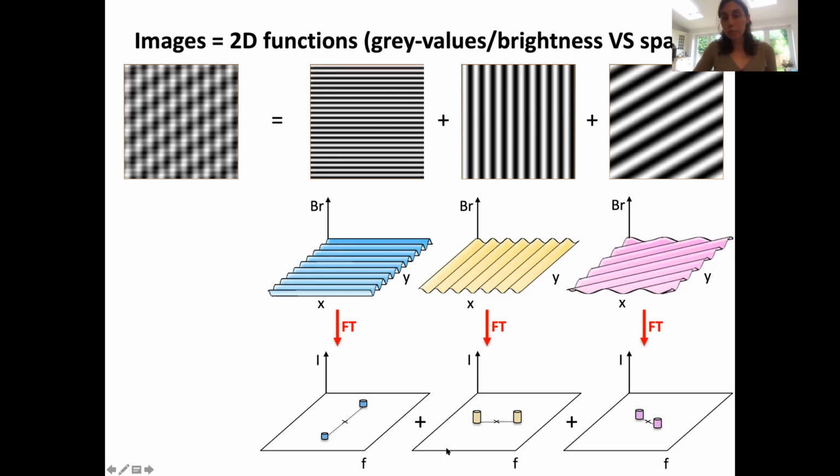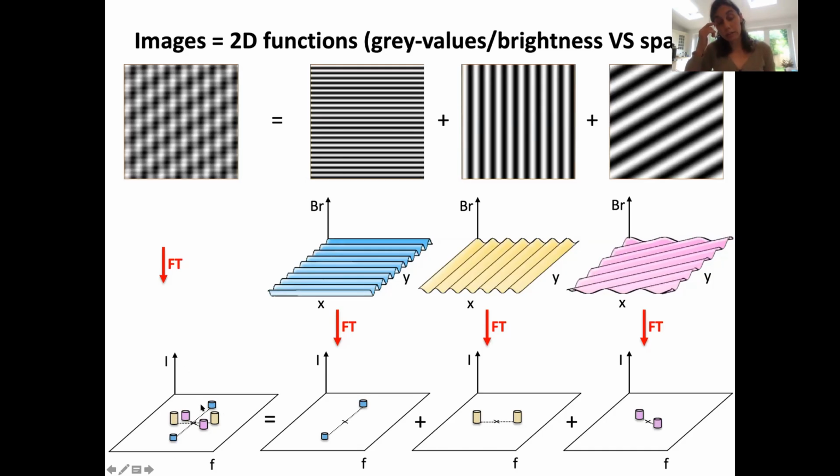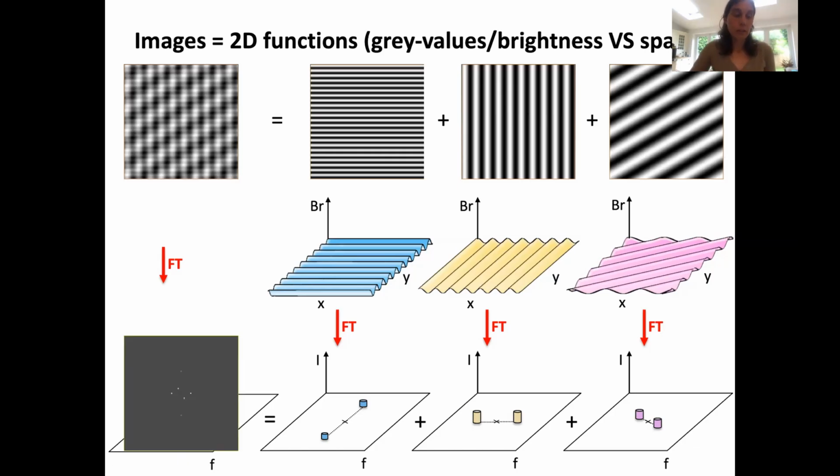Okay, so when we put together these three components, or the three transforms, then we get the Fourier transform of our original image, which will contain 6 peaks of different intensities in different directions and at different distances from the center of the Fourier transform. And if we look at it in a usual representation, when we look at a power spectrum, it will look like that.